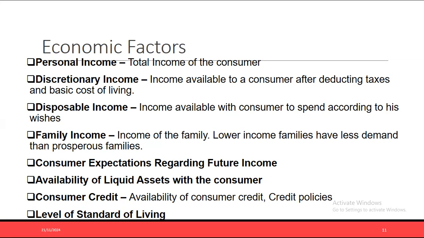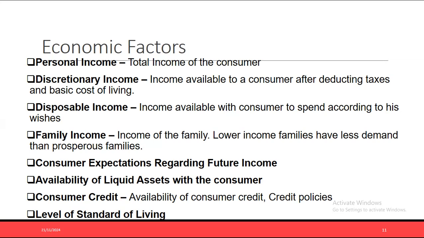Okay, so if everything has been exhausted, then there's very little to make use of for other things. So depending on how affluent the family is, they may consider the purchase of some things and will not even think about purchasing other things. Okay, so lower income families have less demand than prosperous families. Why? Because there isn't even enough funds to handle those costs. Okay.